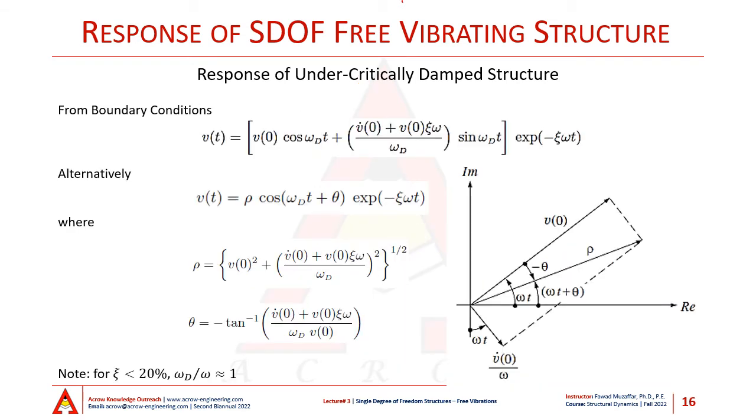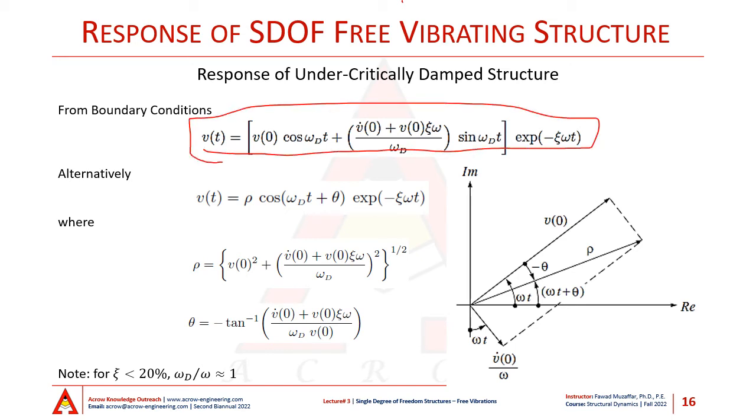And so if we plug in the values of G1 and G2 into the general solution of the differential equation and evaluate the values of GI and GR from boundary conditions, and then plug those values back into the master equation, we end up with this equation that is shown on this slide.